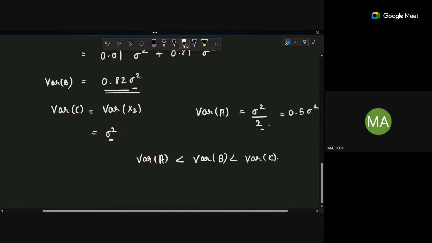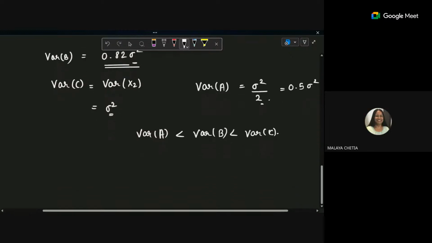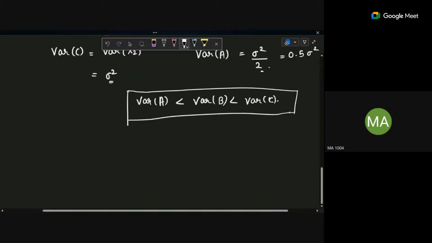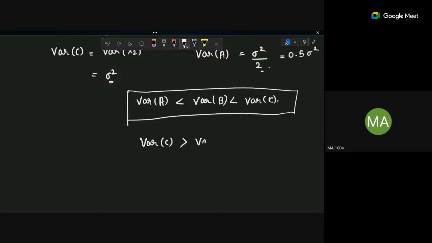Is it fine if I write like this? Yes, ma'am. So similarly, you can write it in another format also. As someone said, CBA in decreasing format. That means variance of C greater than variance of B. One and the same thing, right?